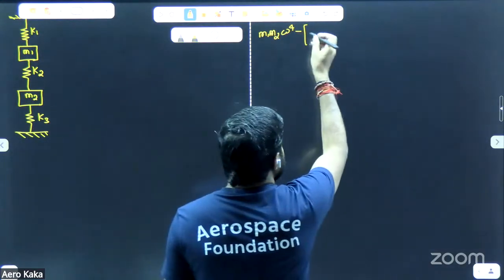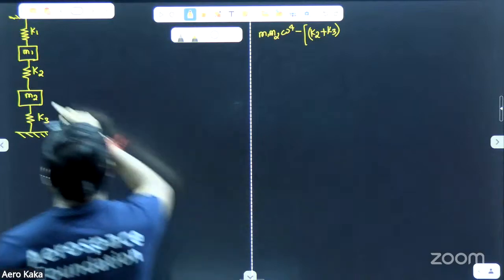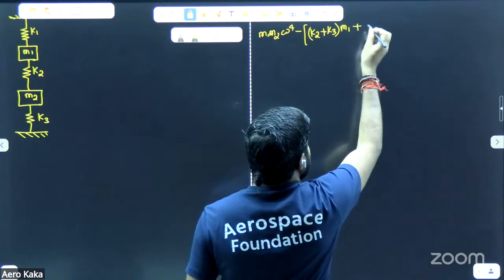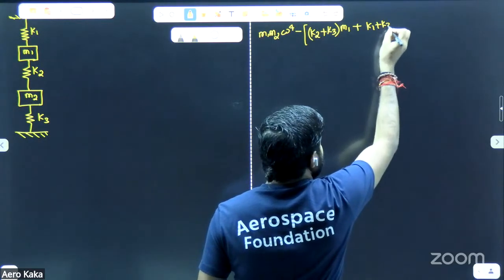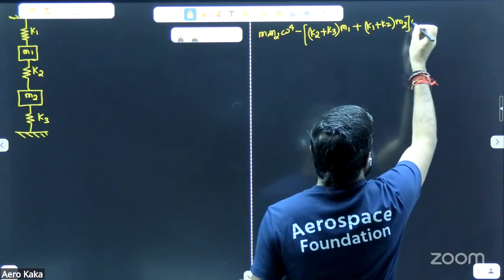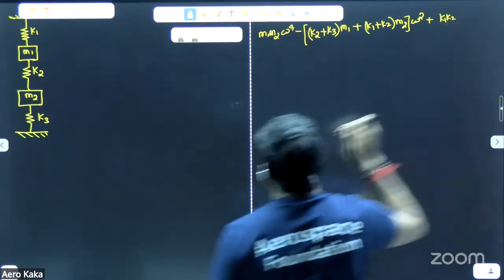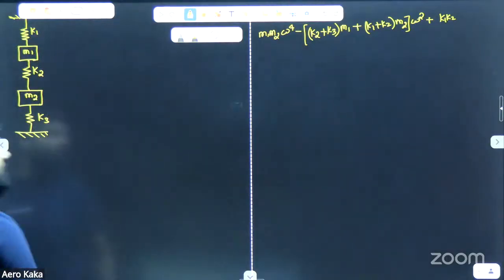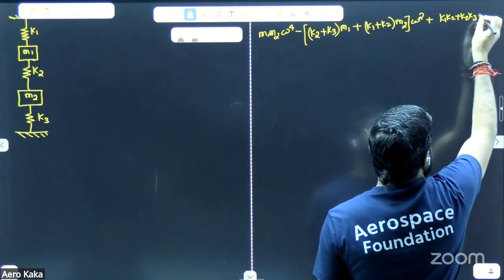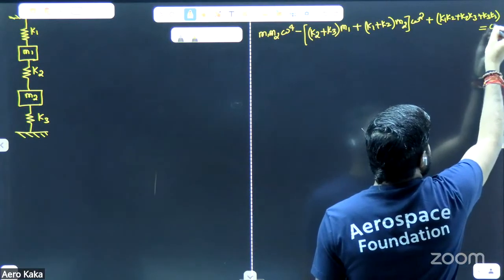Here it is going to be K2 plus K3 with the first mass M1, plus K1 plus K2 with M2, bracket close, omega square, plus the addition of these three terms: K1 K2 plus K2 K3 plus K3 K1 is equal to 0.